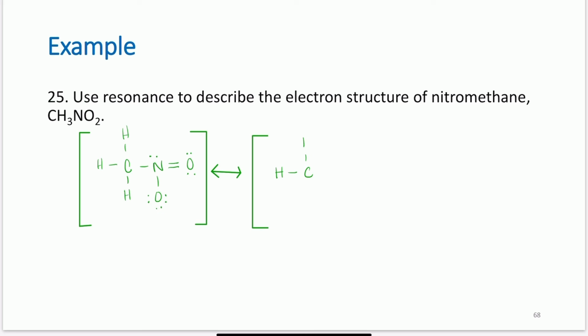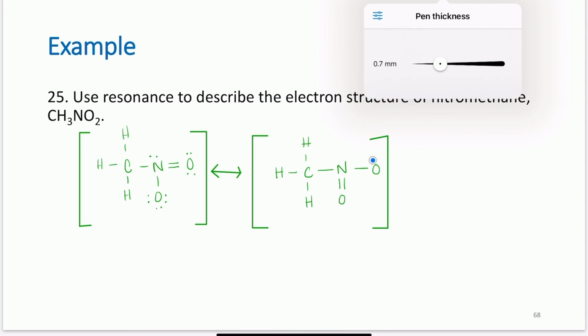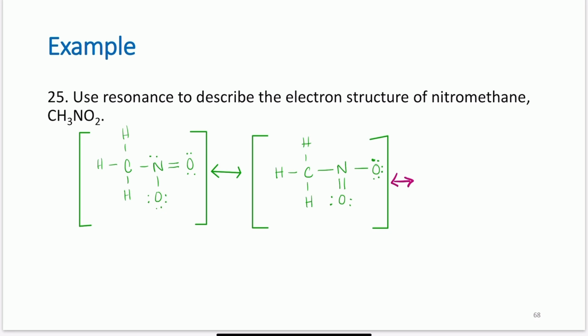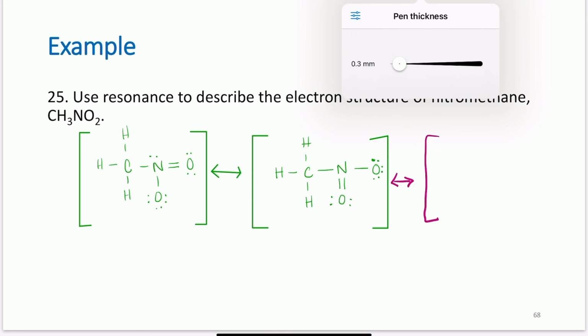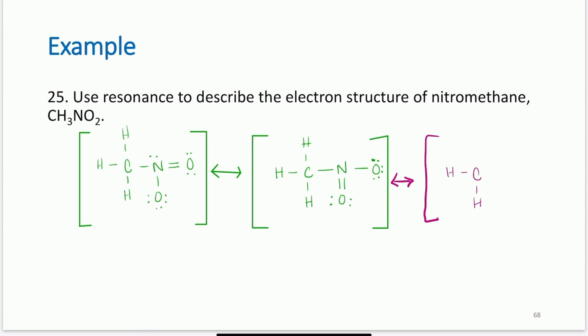I could write it as this as well. And if we really wanted to be specific, we could say it could also exist with just single bonds to those oxygens.